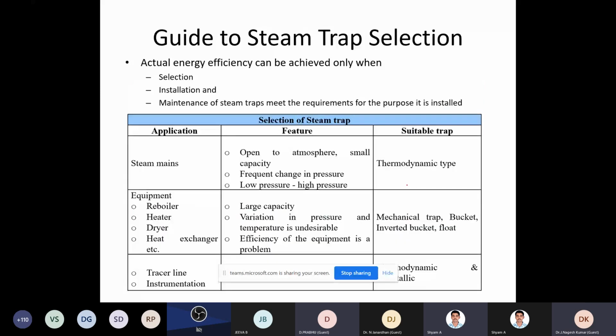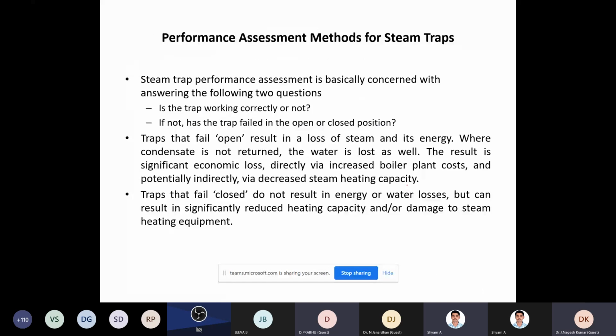And as I said, different types of traps for different applications. And we want to know, because in most cases the traps are fully closed, we don't know what is happening inside. Because there's a heat exchanger here, and you have the steam going in, condensing, and then the condensate coming out through the trap.